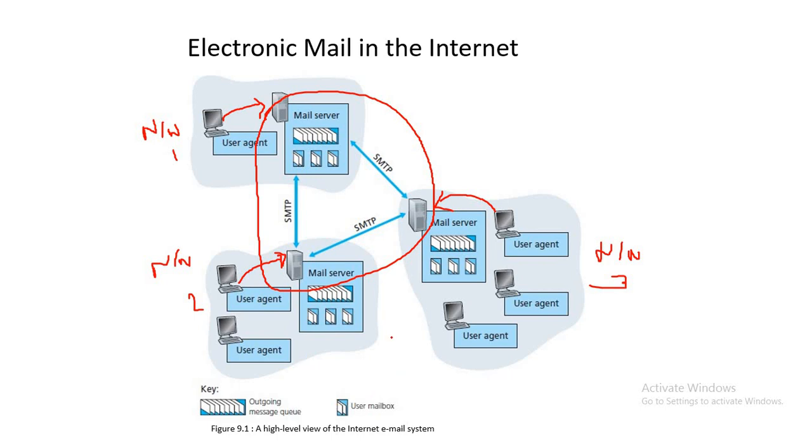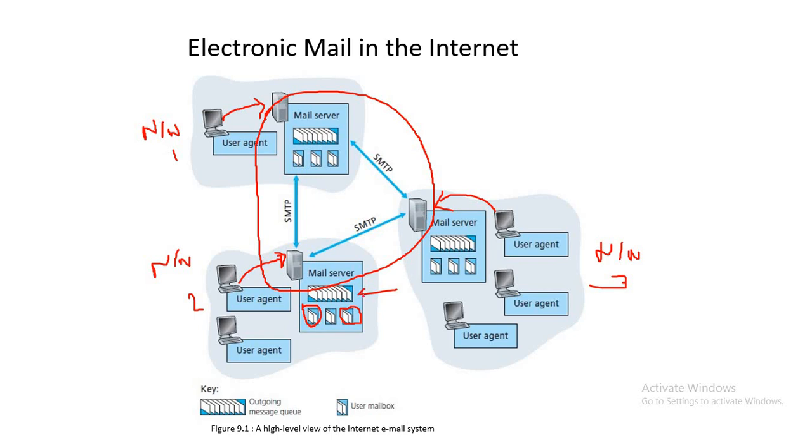Now let's see, there is an outgoing message queue and a user mailbox. Get it? Whatever user is using a mail server, a particular user has their own mailboxes, like you have your own mailbox, your inbox, particular folders. That is your property, whereas a mail server maintains an outgoing message queue.